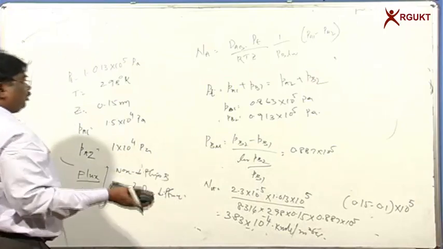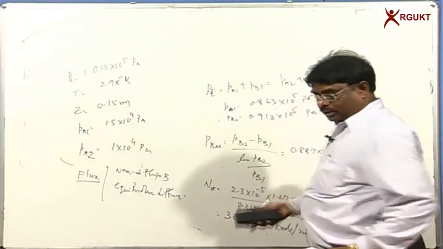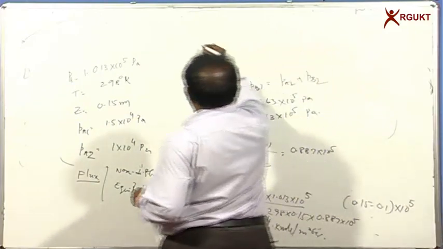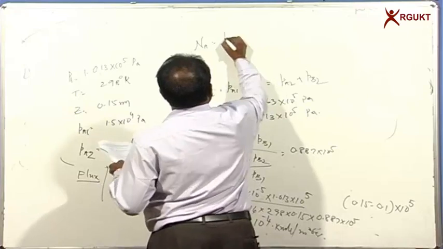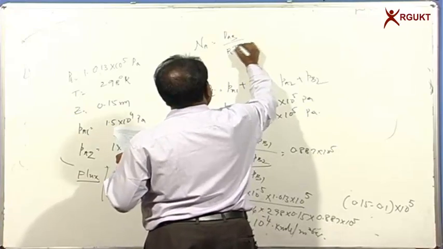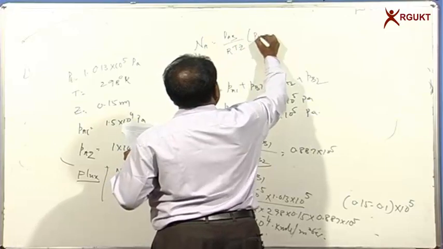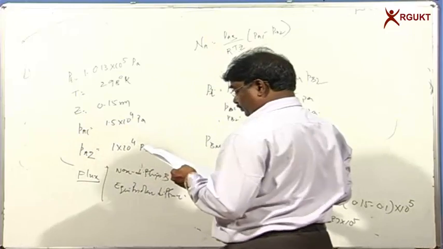When you talk about equimolar counter diffusion, we have NA equal to DAB by RTZ into (PA1 minus PA2).